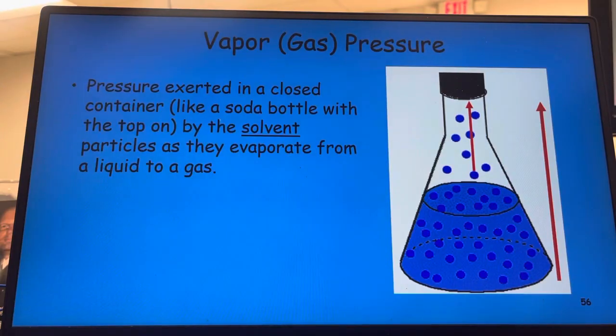All right, let's talk about vapor pressure. So, pressure exerted in a closed container, like a soda bottle with a top on it. Remember that experiment that you had to develop? So, pressure exerted in a closed container by the solvent particles as they evaporate from a liquid to a gas.